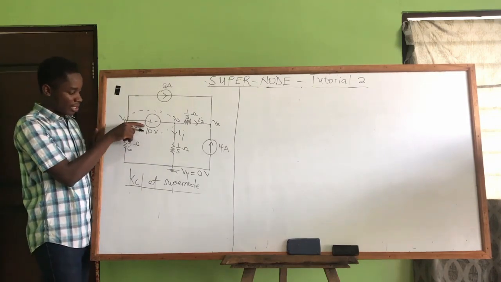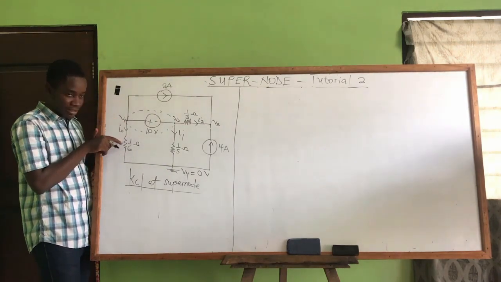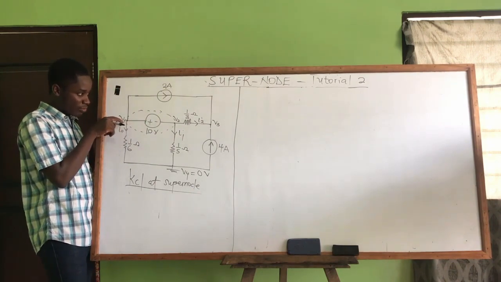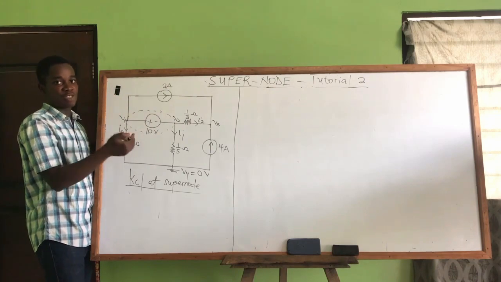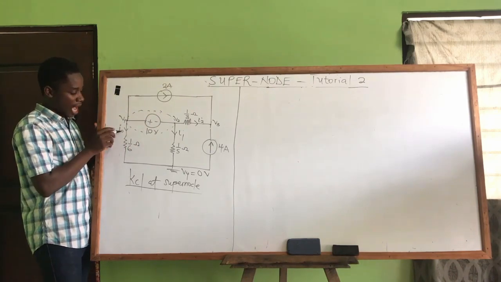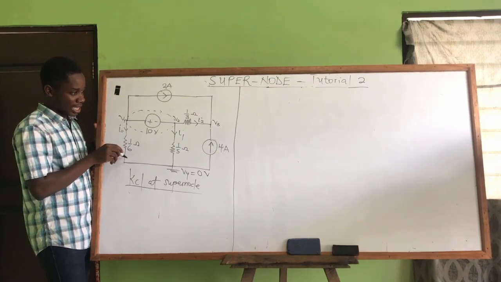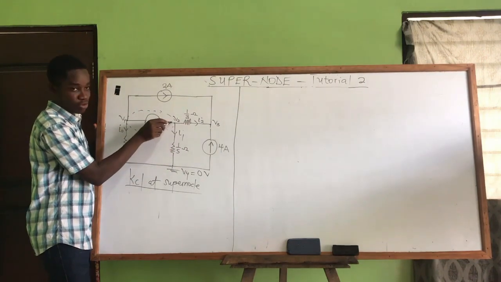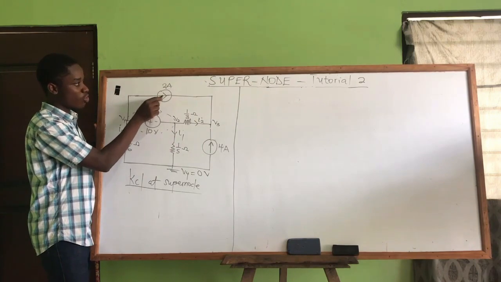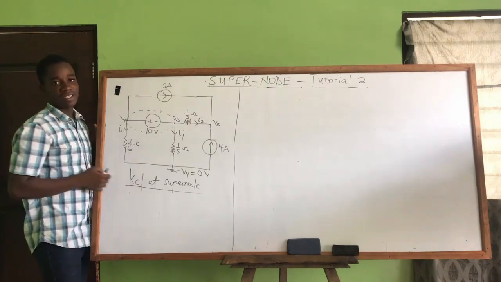So KCL at the supernode. Looking at this supernode, we can see that I0 is leaving. This supernode is between V1 and V2, so any current entering or leaving V1 or V2 is part of the supernode. I0 is leaving the supernode, I1 is also leaving, I2 is also leaving, and 2 amperes is also leaving the supernode.